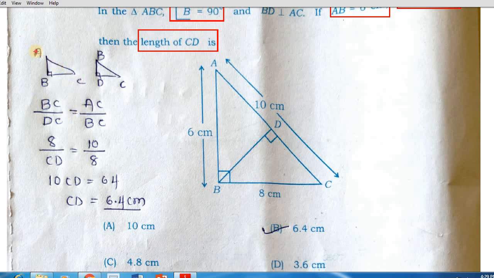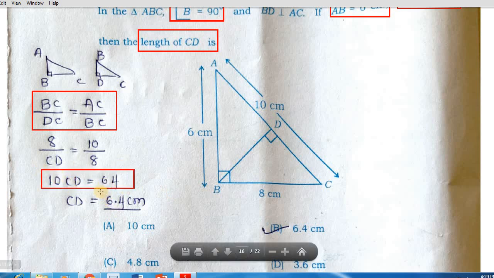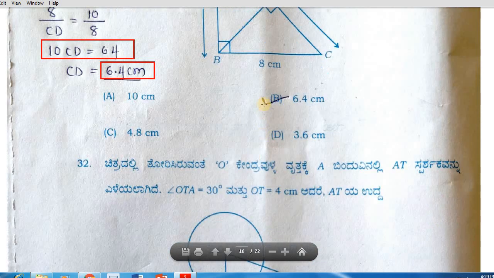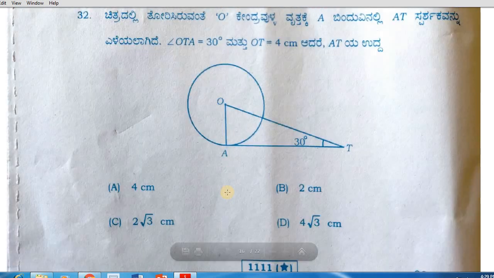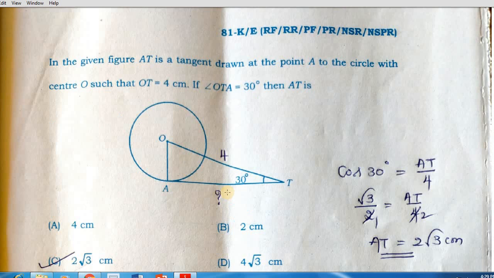For my understanding, I have written the triangles like this. Now write the ratios: BC by DC equals AC by BC. Now substitute the values and simplify. You will get 10 CD equals 64. Later on 10 transfer that side. It gives the answer 6.4 centimeter. Option B is right.